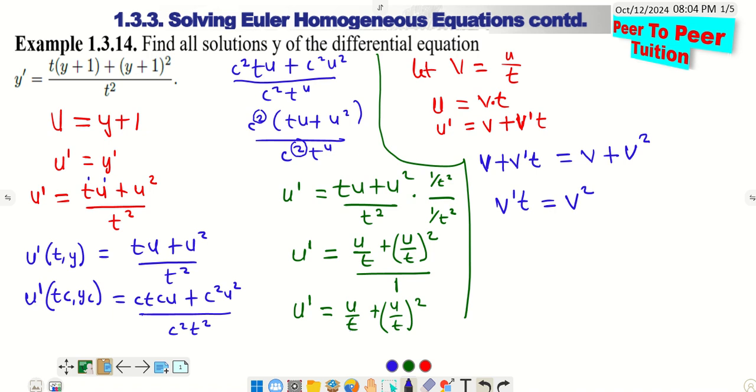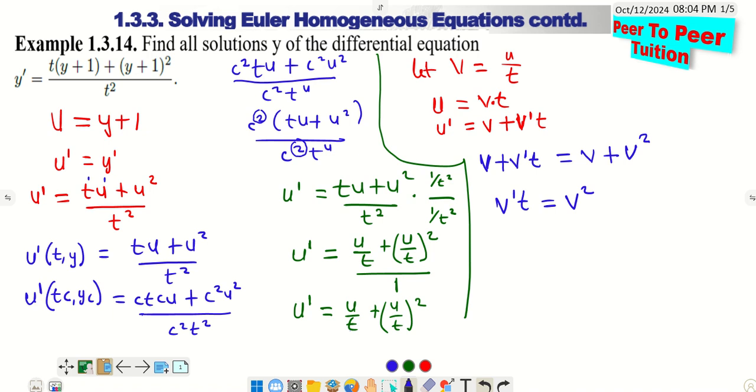I can divide through by v squared. I'll get v prime t over v squared should be equal to 1. Then I can divide through by t. Or let me go back and show you another method. For it to be simple, change this v prime to the Leibniz version.